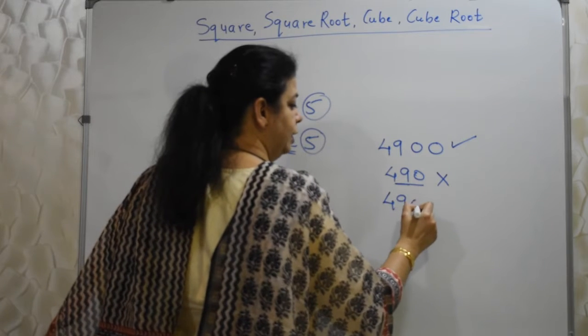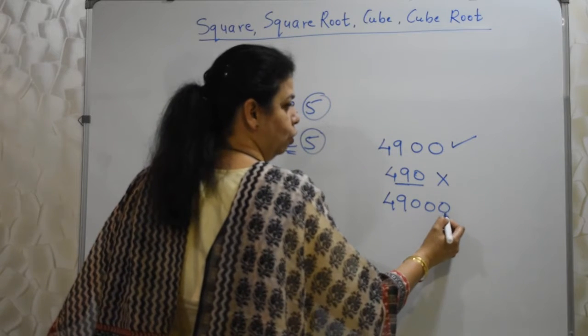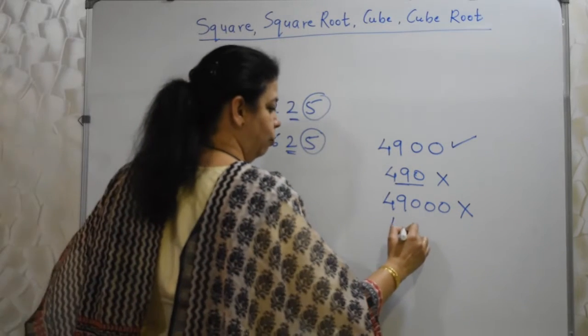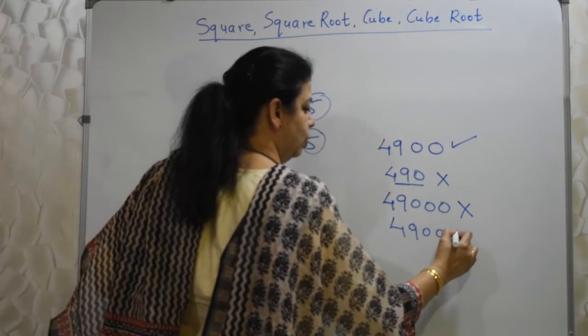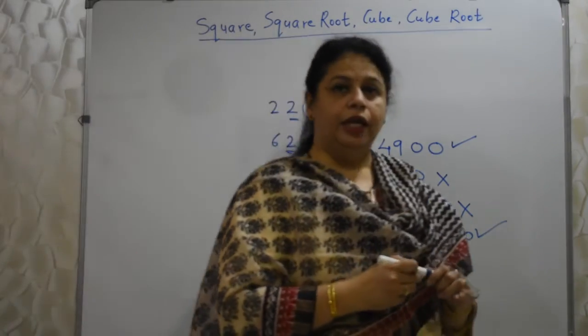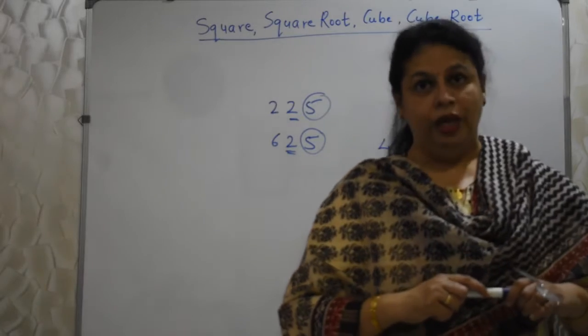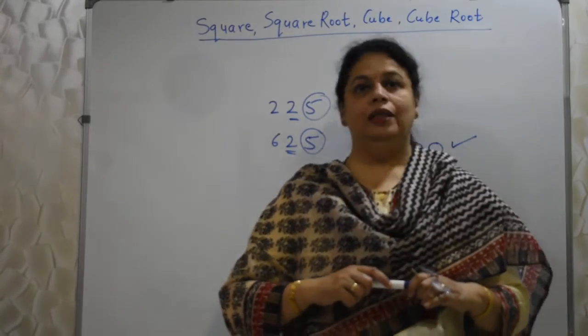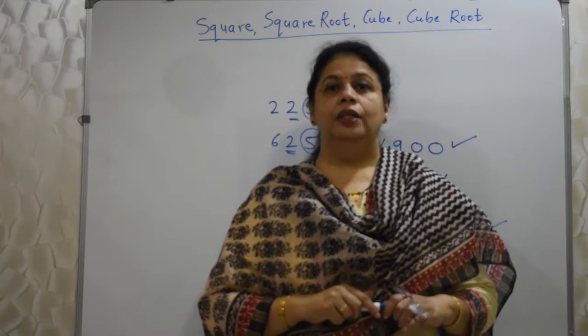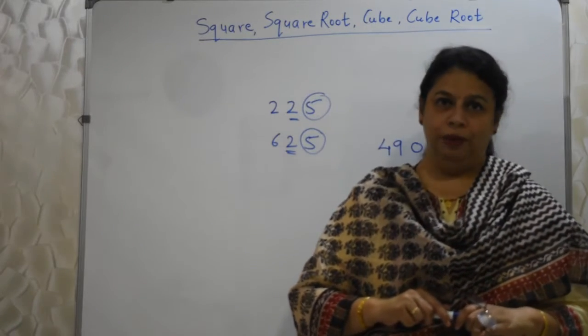Again, 49000, 3 zeros, odd number of zeros, no, it cannot be a square. But 490000, yes, it is a square. So remember this. In case of a number ending with zeros, if the number of zeros is even, then that number also is a square of some number. Is that clear? Children, let's go ahead with the actual sums.